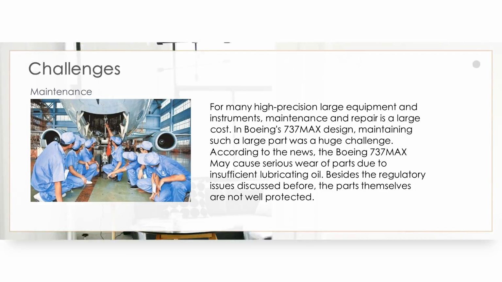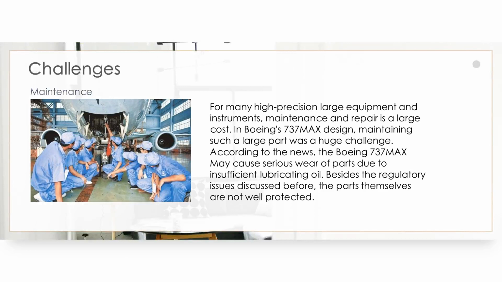Second, we need to talk about the material maintenance. For many high precision, large equipment and instruments, maintenance and repair is a large cost, especially for big systems like the plane. And everything inside of the plane needs to be fixed, needs to be checked. But this is the normal procedure for engineering because checking can keep the plane flying safely.